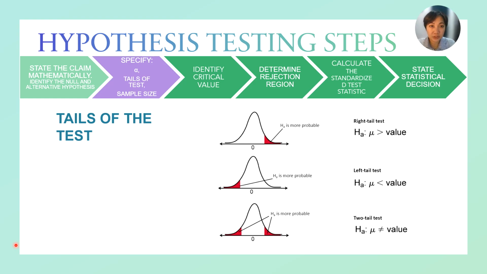Why is this important to know? Because for the next step, we're going to solve the critical value. Rather, we're just going to look for it in different tables. The critical value is different per tail, so we have to be accurate in identifying the tails of the test.